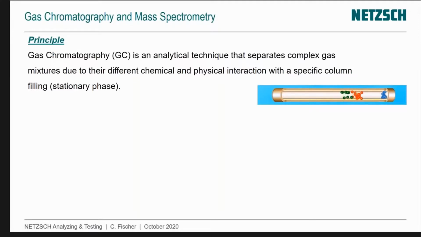GC is an analytical technique that separates gas mixtures due to their different chemical and physical interactions with a column filling, the stationary phase. You see here on this small animation that the different colored dots are moving at a different speed over this column, and this depends on their chemical structure, on their size, on their polarity, and other parameters.